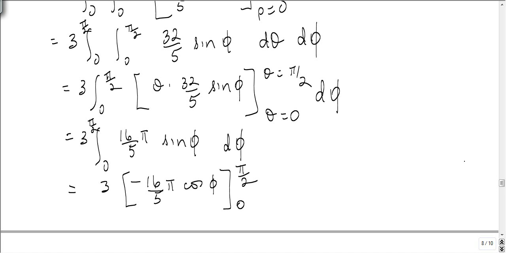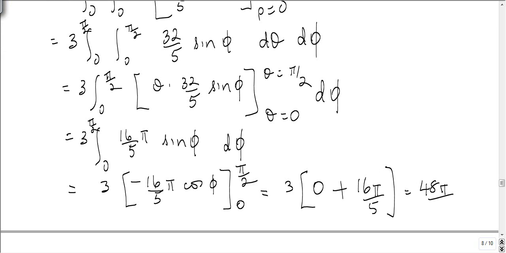So cosine of 0 is 1. Oh yeah, we're not finished yet. Thank you very much. So that's 3, so that's a 0 minus, and cosine of 0 is 1, so that's a plus 16 pi over 5. And this is 48 pi over 5.